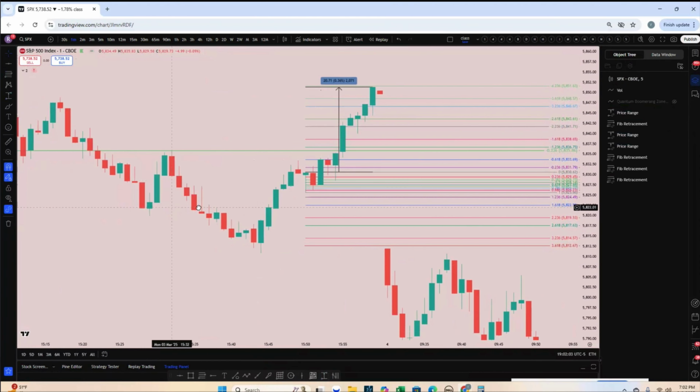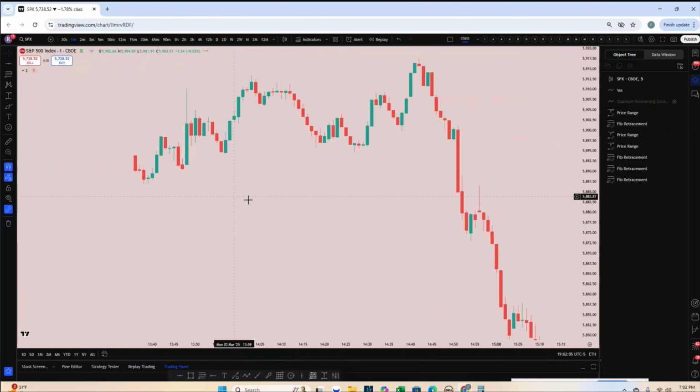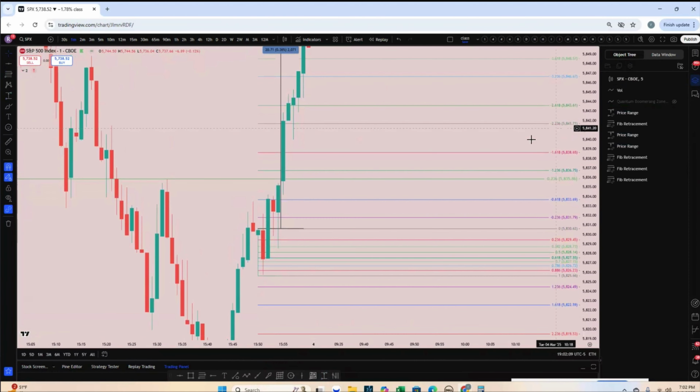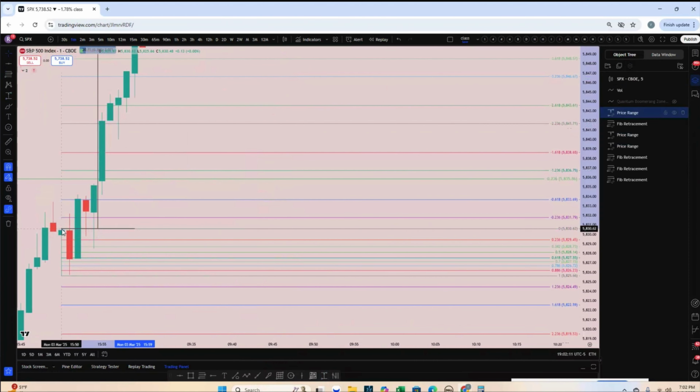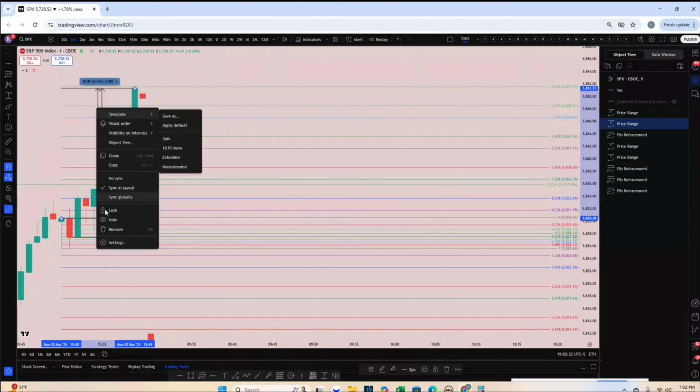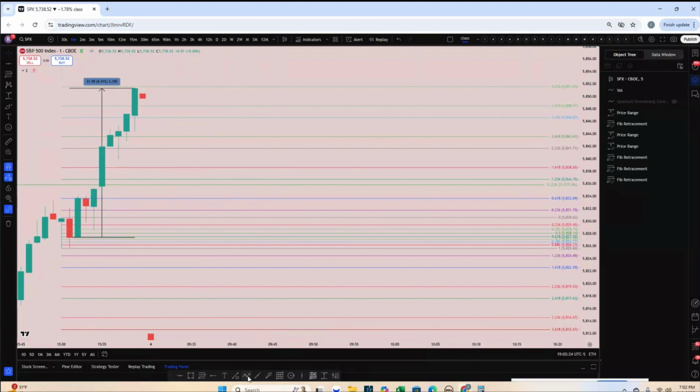Your third entry would be as soon as the 350 candle closes. So you've got three entry types. Retracement, right? That's one. You've got breakout, that's two.